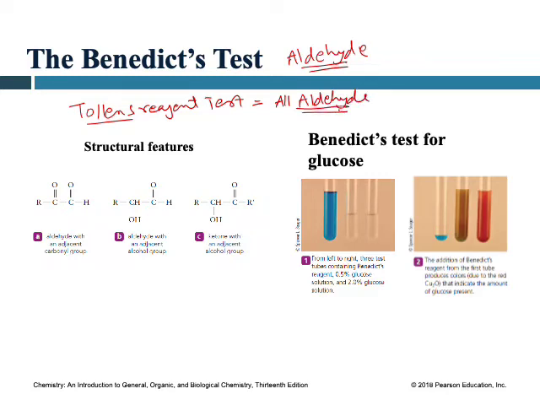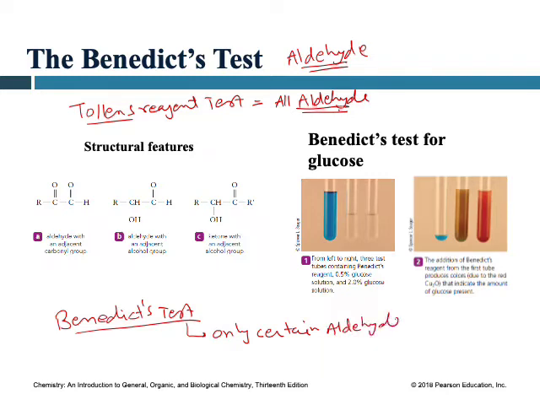If you have an aldehyde group, Tollens reagent will give a positive test, but for the Benedict test only certain aldehydes will give you a positive test.